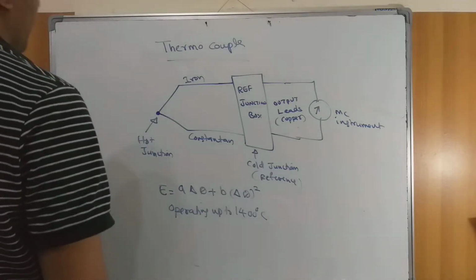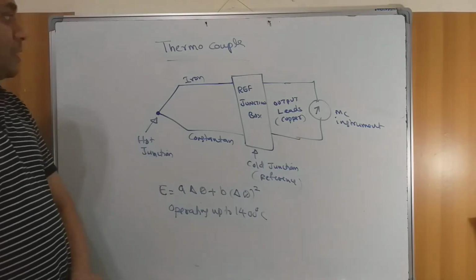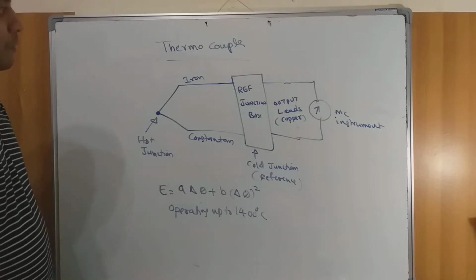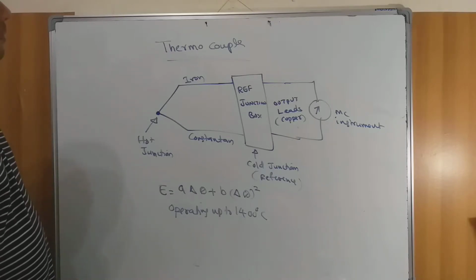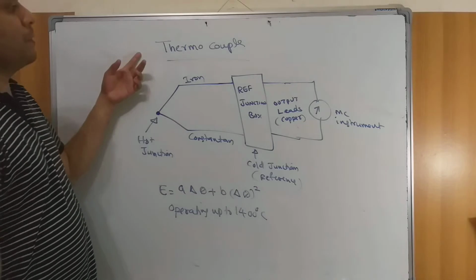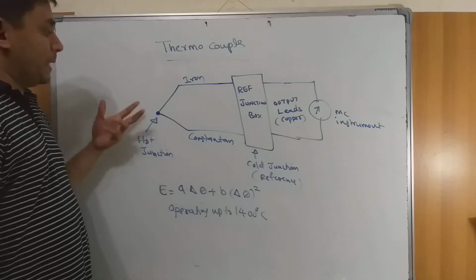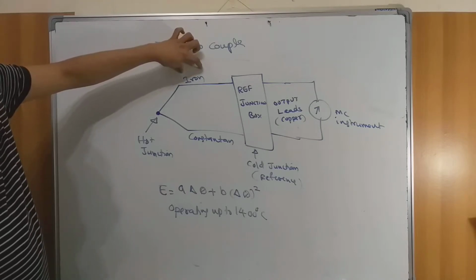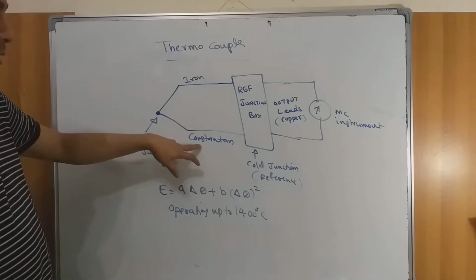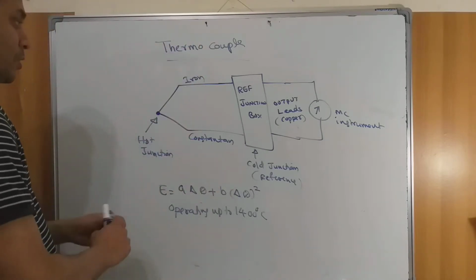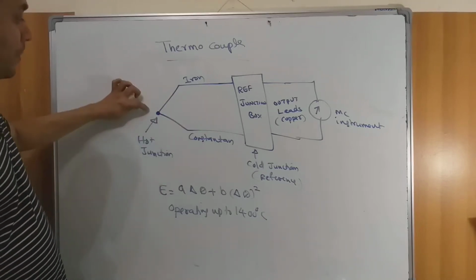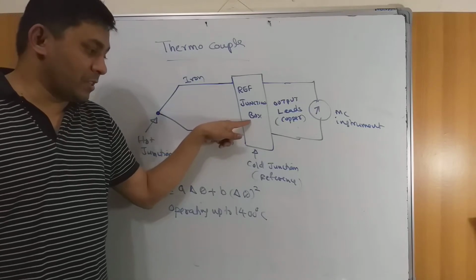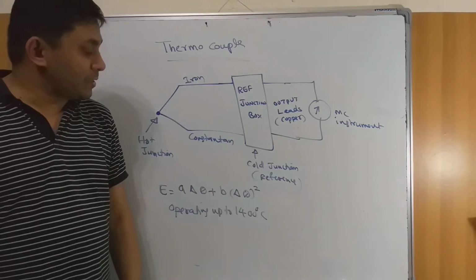Another important type of transducer used for temperature measurement is the thermocouple. From the name, thermo means temperature, couple means two. There are two dissimilar wires connected together, an iron wire connected with another material, constantan, and this has two junctions. One junction is called the hot junction, whereas the other, kept at a fixed reference, is called the cold junction.